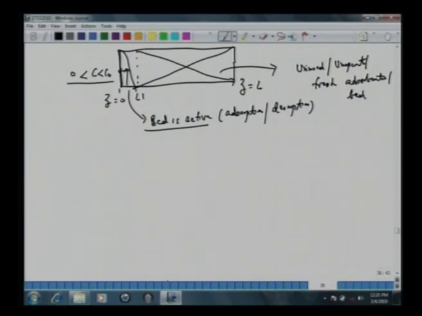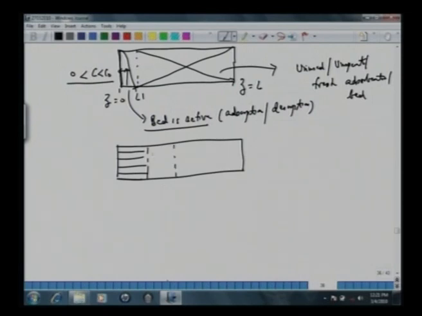Now after some time you will expect that this zone will further move. So now some more bed region has been completely saturated. This is the region where the bed is now completely saturated, and there is a certain region here where there is activity, the bed is active.